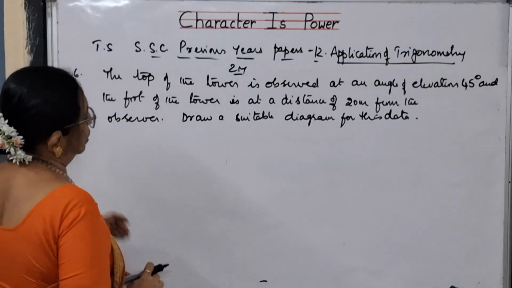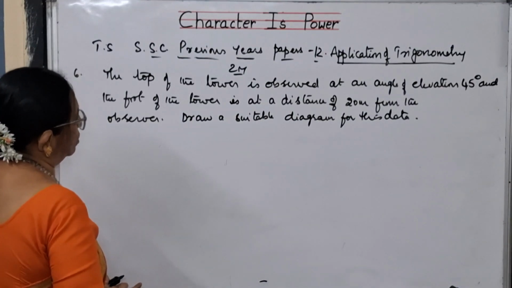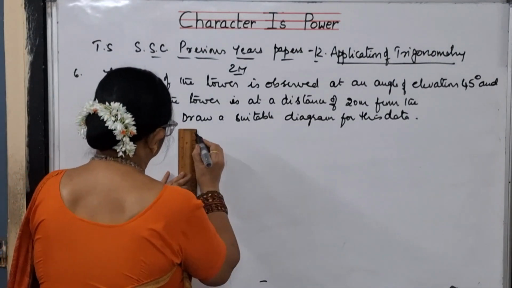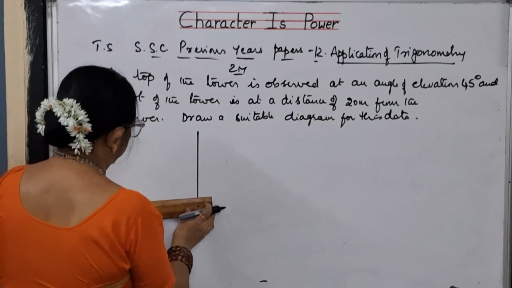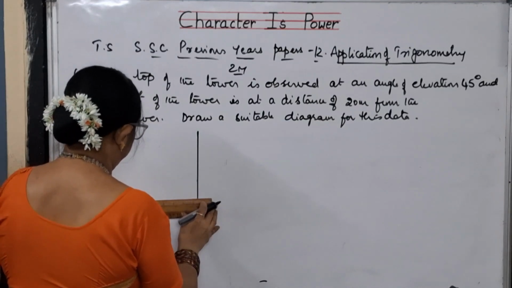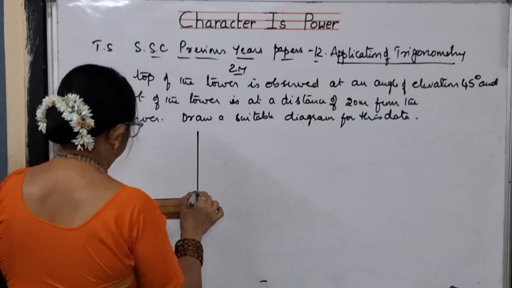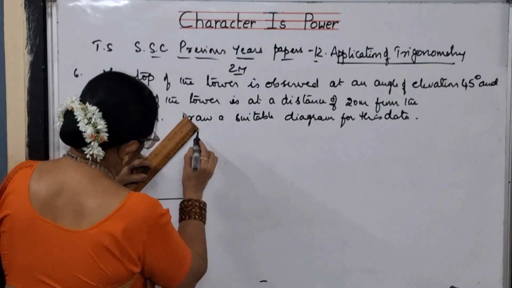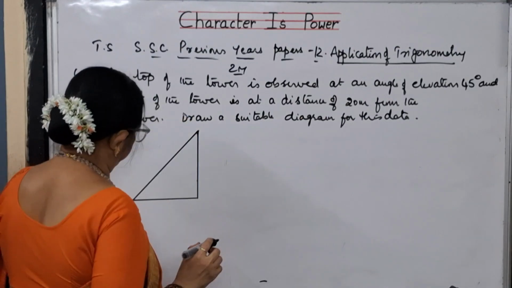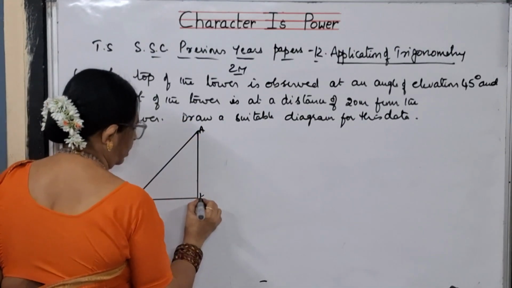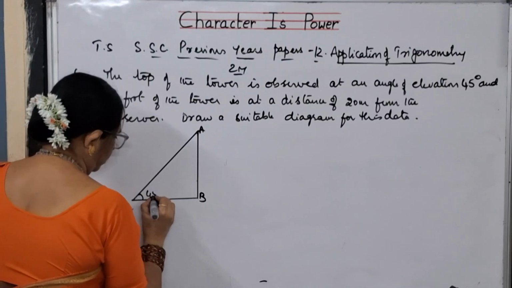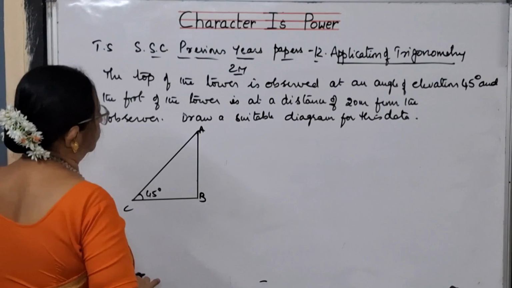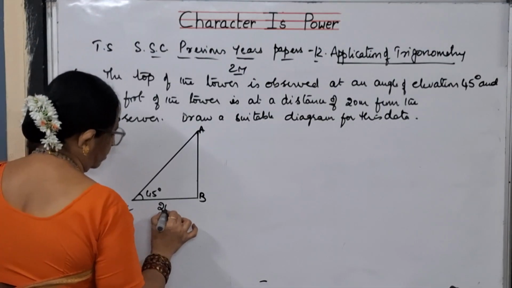What is that? The top of a tower is observed at an angle of elevation of 45 degrees. There is a tower, and the top of the tower is observed at 45 degrees. So let us consider A, B, C. C is the position of the observer and the foot of the tower is at a distance of 20 meters.